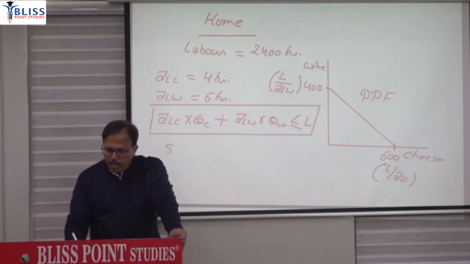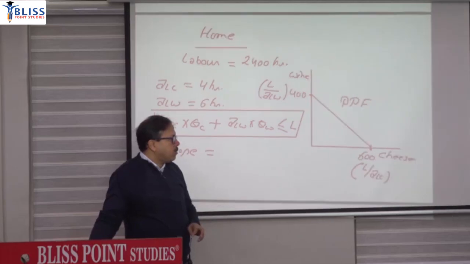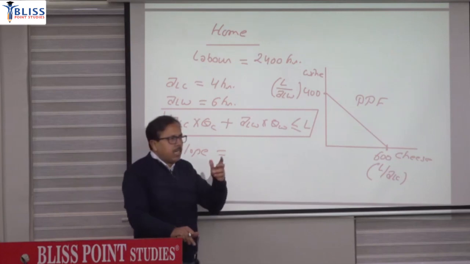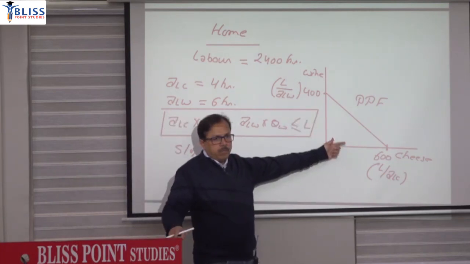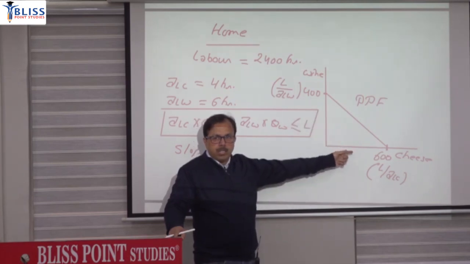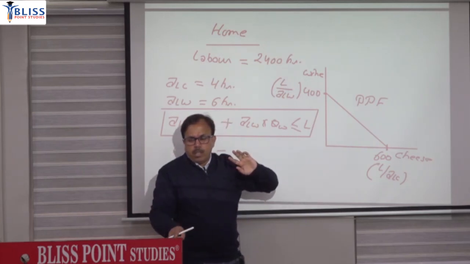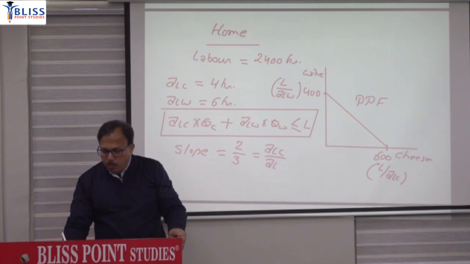And can you tell me what is the slope of this line? अगर मैंने ये लाइन ड्रॉ कर रखा है तो स्लोप बता सकते हो? What is the slope of this line? सिंपल है, स्लोप निकालने के लिए बेस ज्योमेट्रिकली बताओगे तो परपेंडिकुलर बाय बेस कर लो. परपेंडिकुलर 400, बेस 600, 400 by 600 means 2/3. और अगर स्लोप 2/3 आ रहा है तो can it be written as ALC upon ALW?